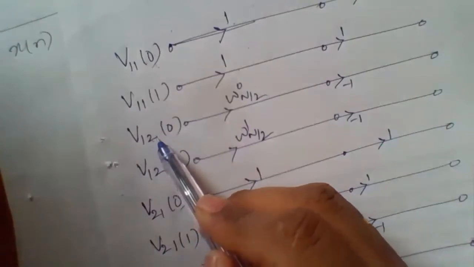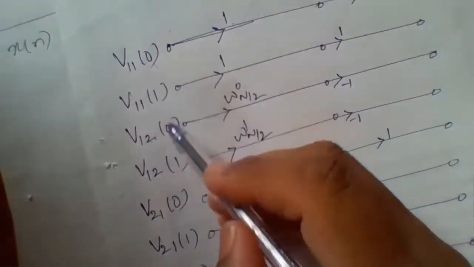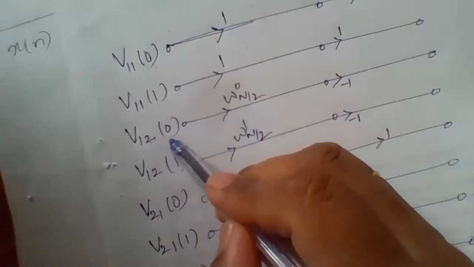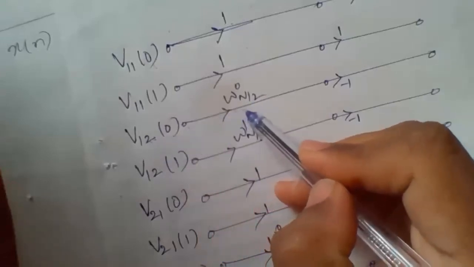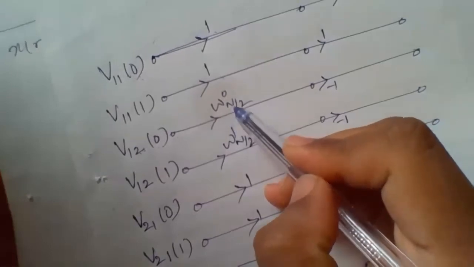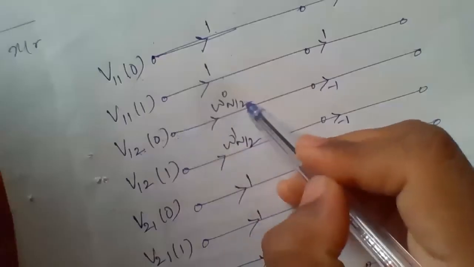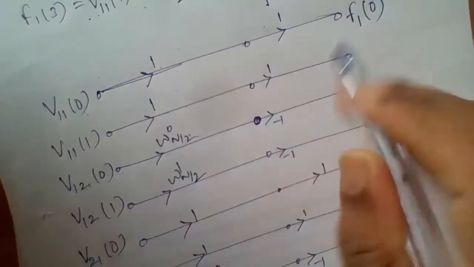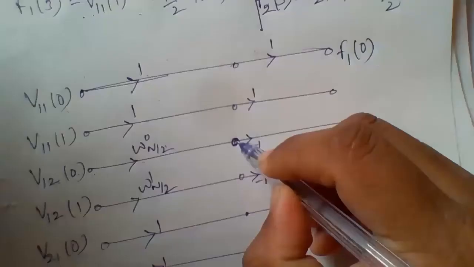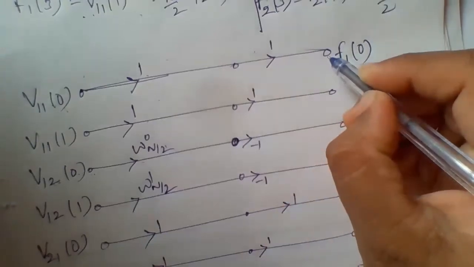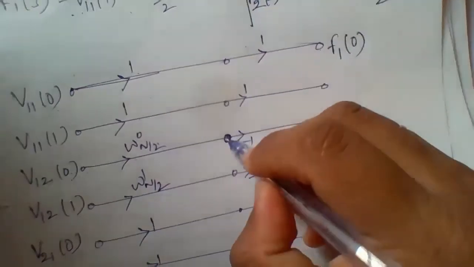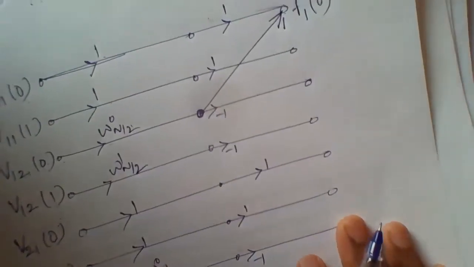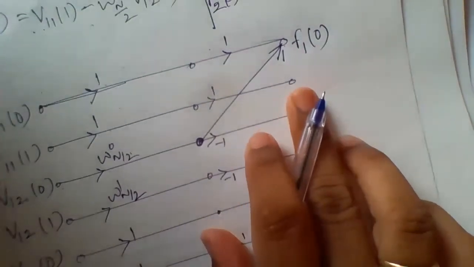This is a third value in the list on the LHS. Now you can see here readily this v12 will get multiplied with w raised to 0. Now this particular product will come at this node. This node you have to directly join with the first signal. Okay, like this, with 1 as a branch, 1 as a branch.